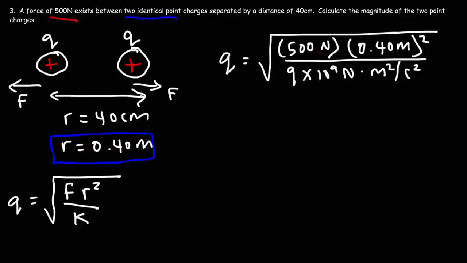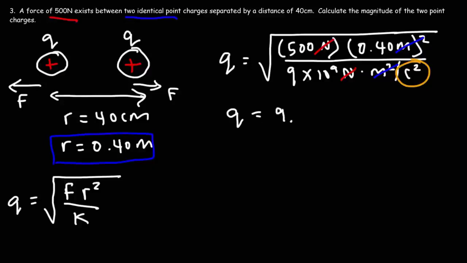So we can see the unit newtons will cancel and the unit square meters will cancel. And so we're going to be left behind with square coulombs. But when we take the square root of that, the unit will just be in coulombs. So let's go ahead and plug this in. So it's the square root of 500 times 0.4 squared divided by 9 times 10 to the 9, all within the square root symbol.